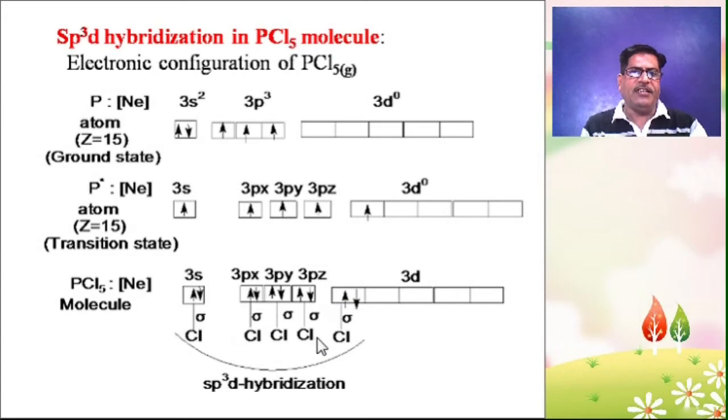Every Cl atom has 1 unpaired electron in its 3pz orbital. So the 5 Cl atoms each share 1 electron and form 5 bond pairs or 5 sigma bonds, forming sp3d hybridization.